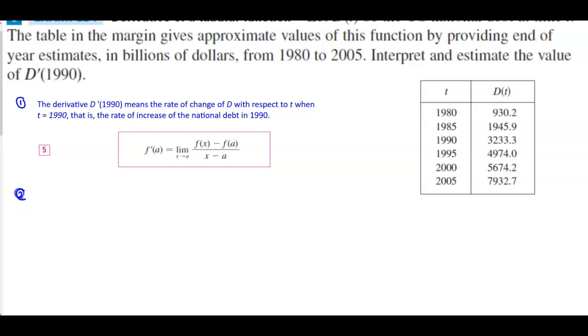So using that definition, we know that we have D'(1990), which is equal to the limit as t approaches 1990 of (D(t) minus D(1990)) divided by (t minus 1990).